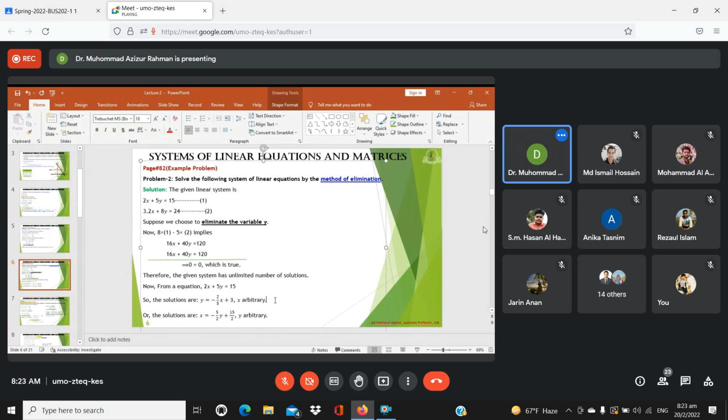So this is one option. Or else you can find the value of x. If we want to find x, 2x equals 15 minus 5y, so x equals minus 5 by 2 y plus 15 by 2. You can rearrange it this way.